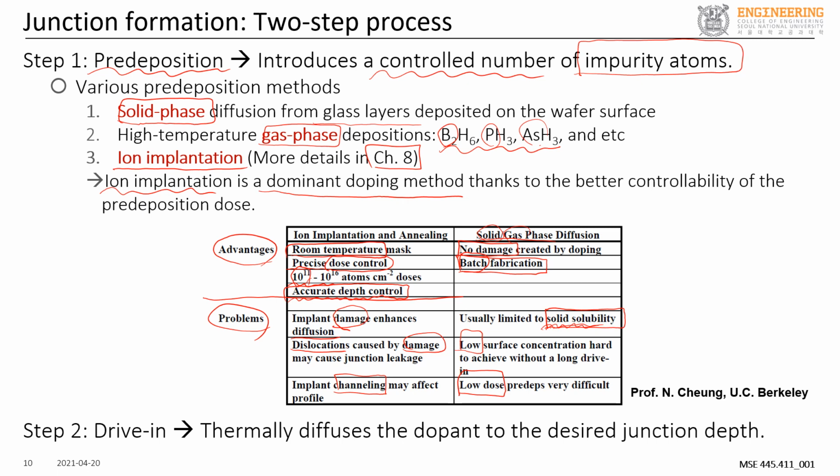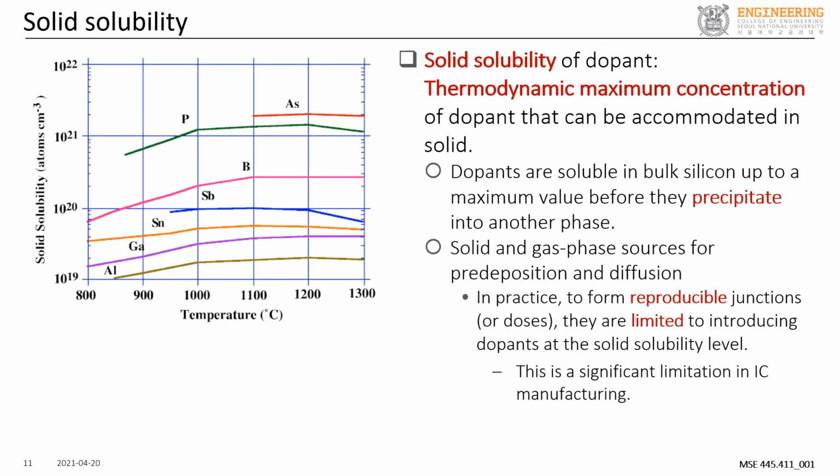So now let's look at step 2, the drive-in step or the actual diffusion step. Sorry, there's actually one more slide before we go to the actual diffusion step. Since we talked about the solid solubility a lot, there's more detail on this slide.